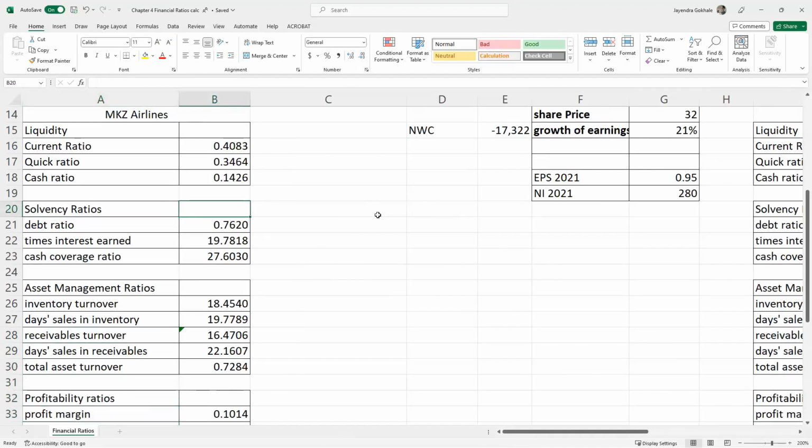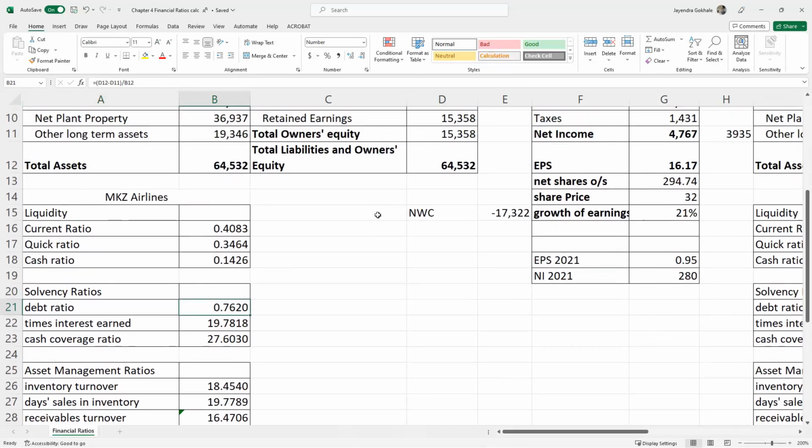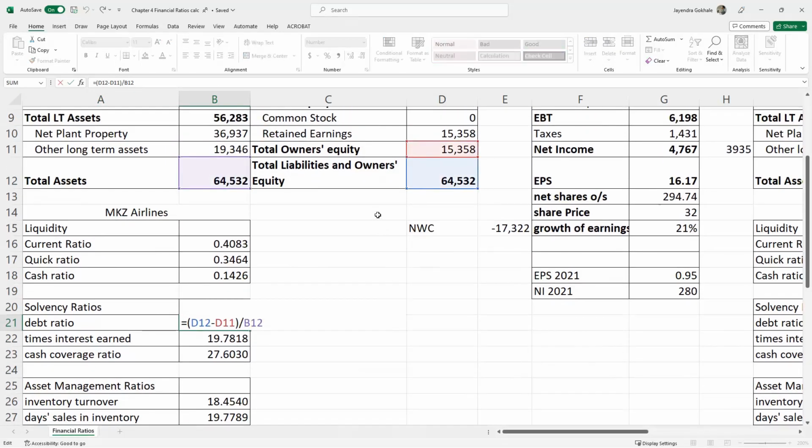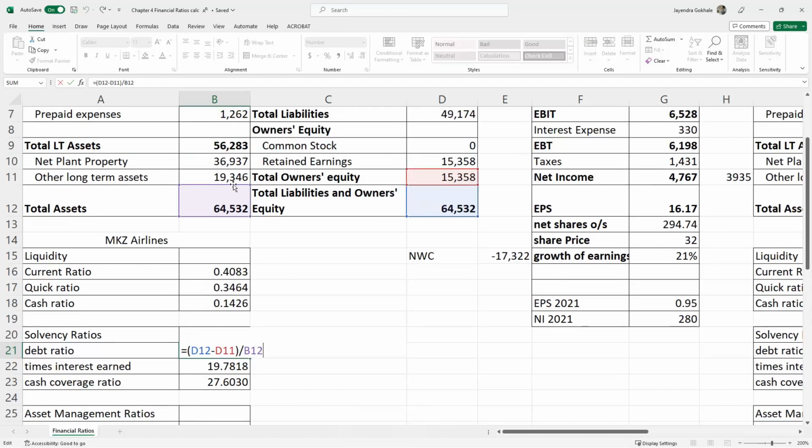So we have the debt ratio of 0.76, which is the ratio of D12 minus D11 divided by B12. So D12 is the total assets minus D11 is owner's equity divided by total assets. So it's basically all the current and long-term liabilities divided by the size of its balance sheet.